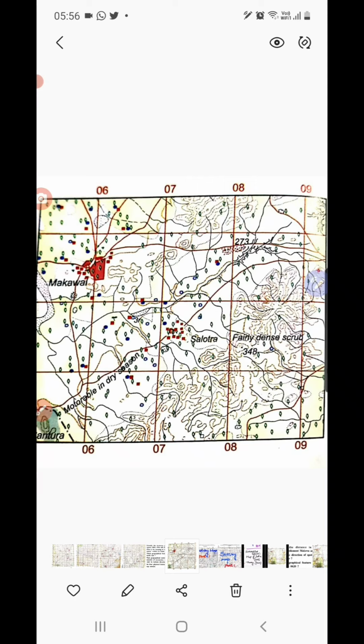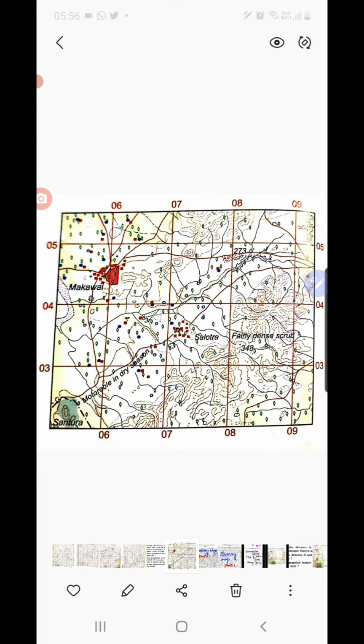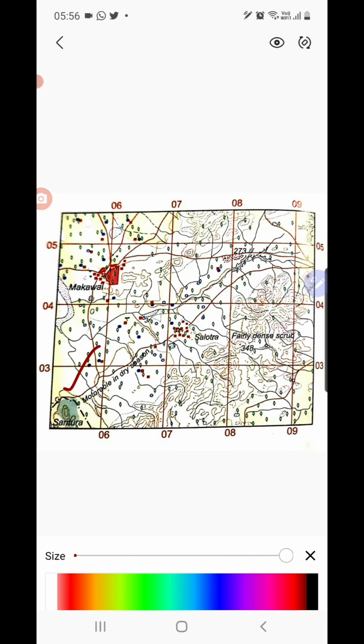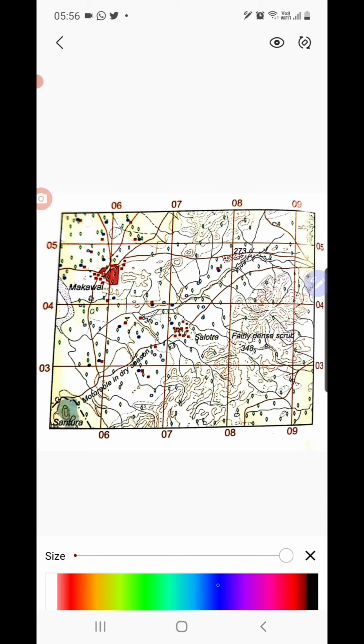This is broken ground, as we just discussed, a physical feature. Then these streams, you can see all the black lines. All these black lines are also physical features. Then vegetation also you find, like palm trees and all, they are also physical features.